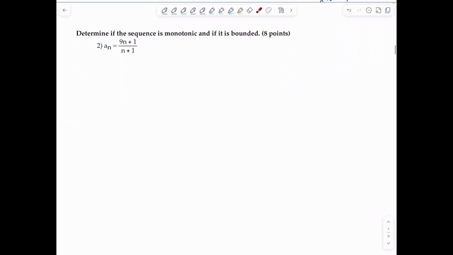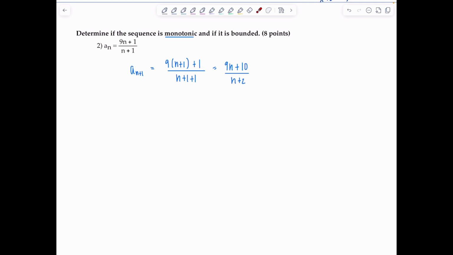Okay, determine if the sequence is monotonic and if it is bounded. So for monotonic, there's a few ways you can check. One way is you can try to compare a sub n plus 1 versus a sub n. So look at a sub n plus 1. It would be 9 times n plus 1 over, we'd have n plus 1. So it simplifies to 9n plus 10 over n plus 2.